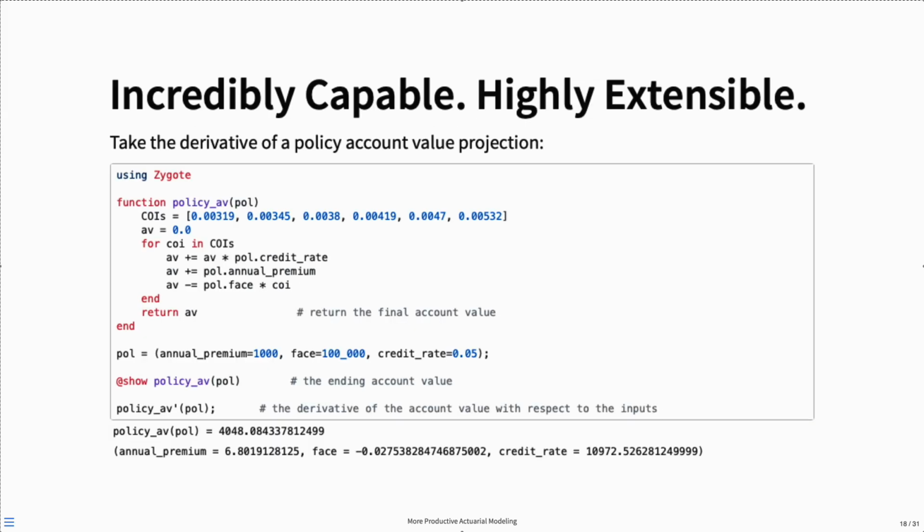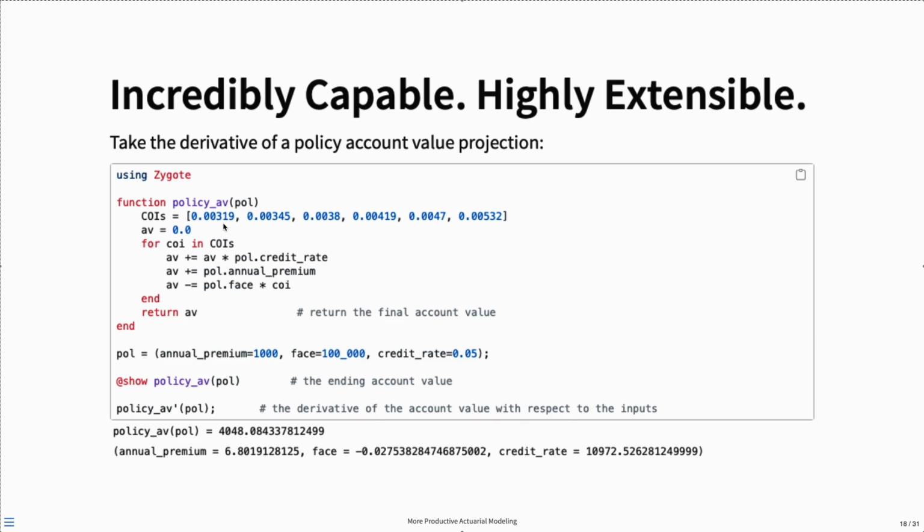So moving on to some concrete examples. This is an example of combining a library with custom code to do something that every time I see it, it blows my mind. What we're doing here is we've defined a function, policy account value, policy AV, which takes an object where we've defined some of the parameters of the object, and it's looping over the components of the policy and determining how the account value progresses through time, and then it returns at the end of that loop what the final account value is.